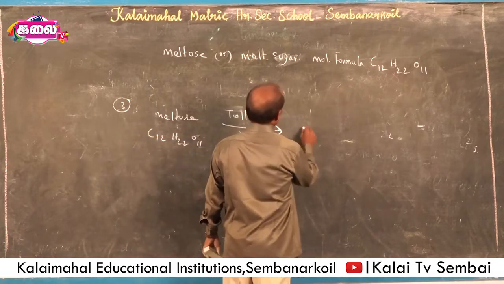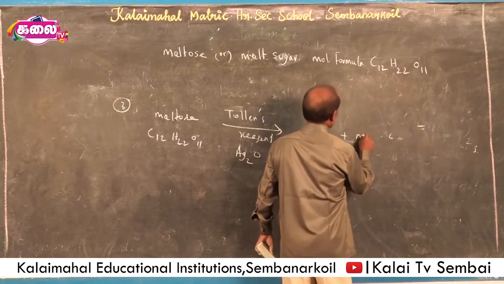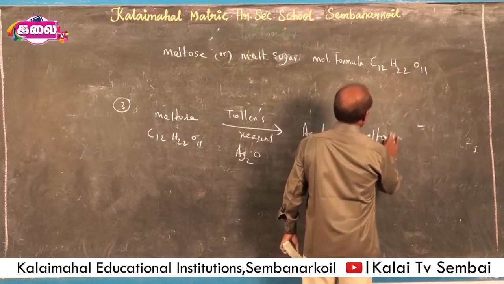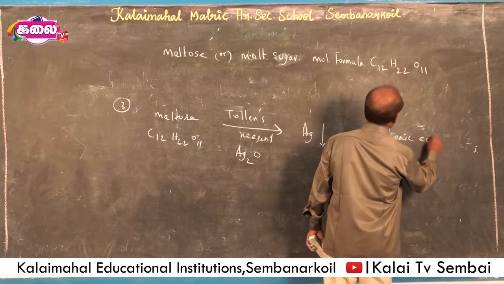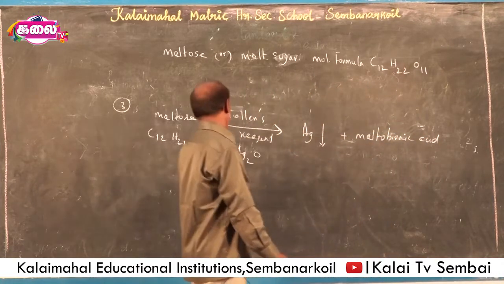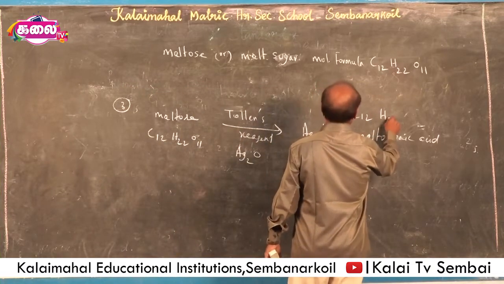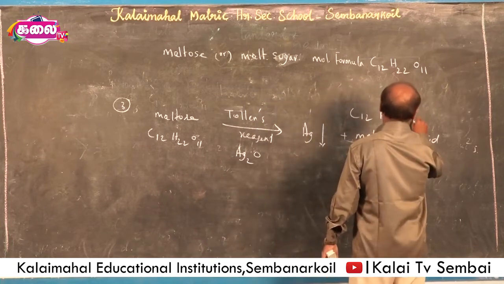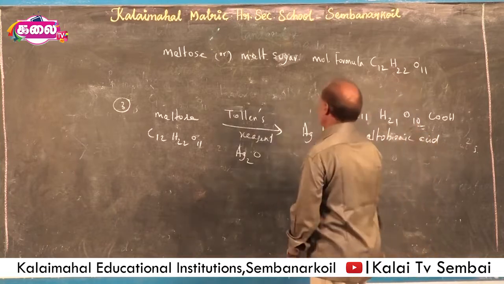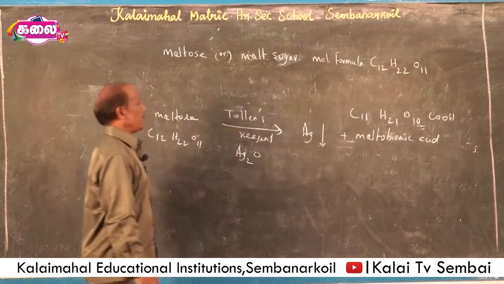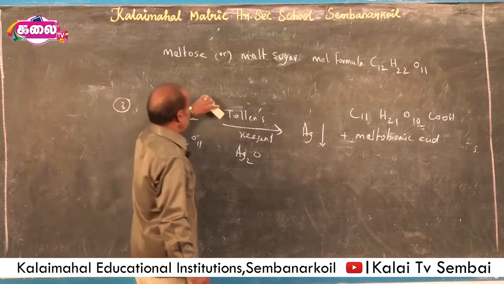The silver oxide is reduced to metallic silver, and then you get maltobionic acid. It is nothing but C11H21O10 COOH, called maltobionic acid.